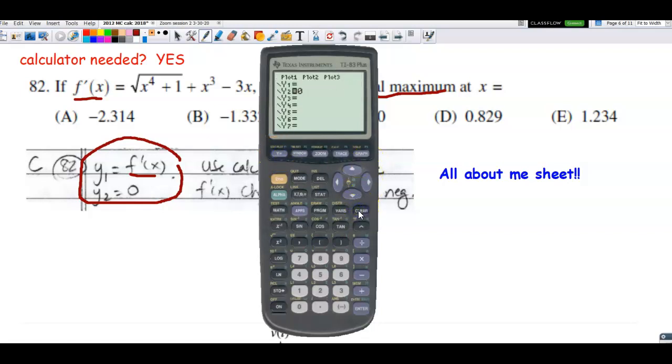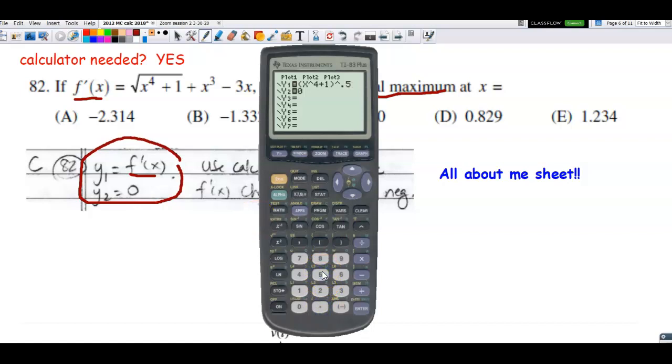All right, so when I do this, I'm not going to do the radical. I'm going to do this to the 1/2 power. So I'm just going to put in my parentheses, x raised to the 4th plus 1, close, raised to the 0.5.